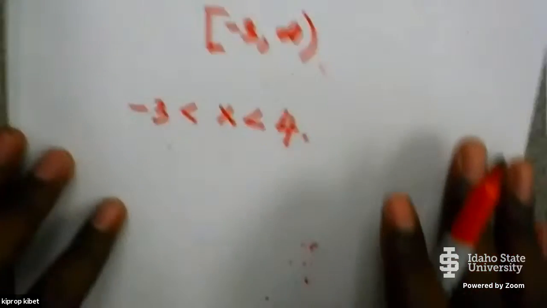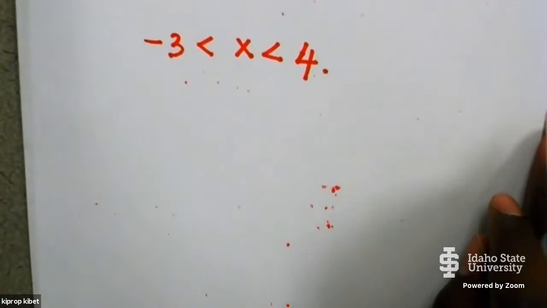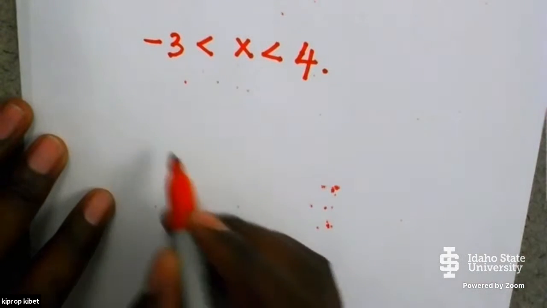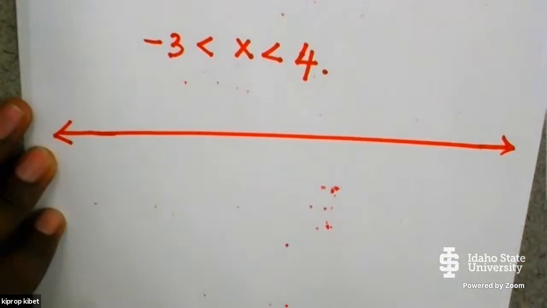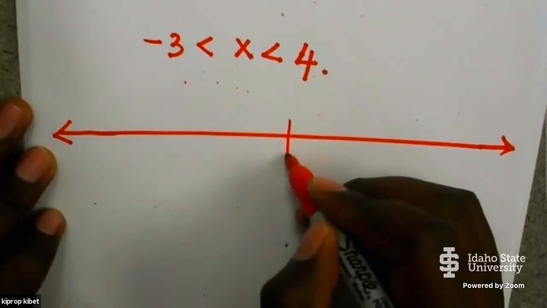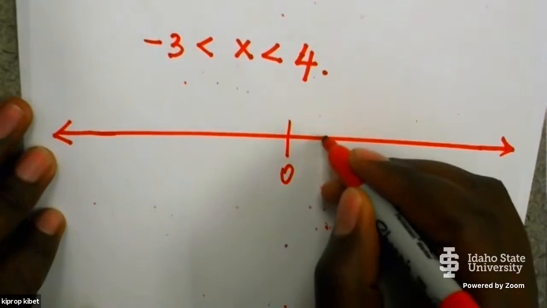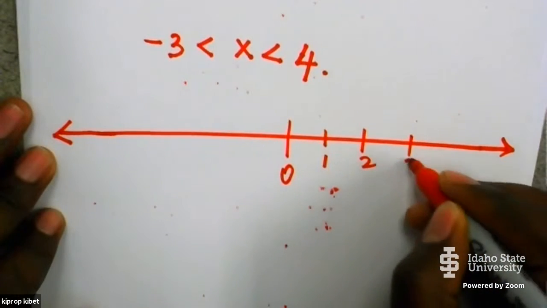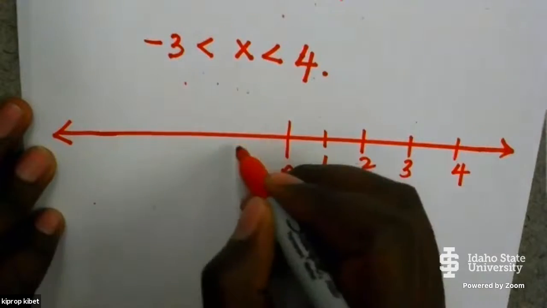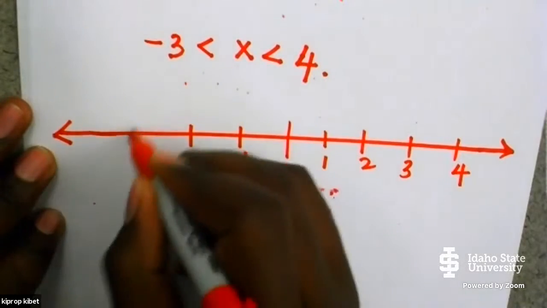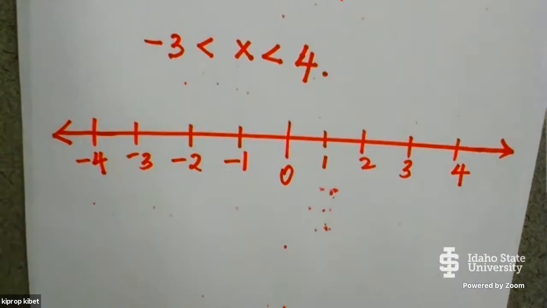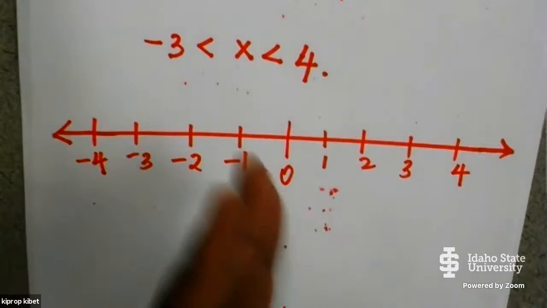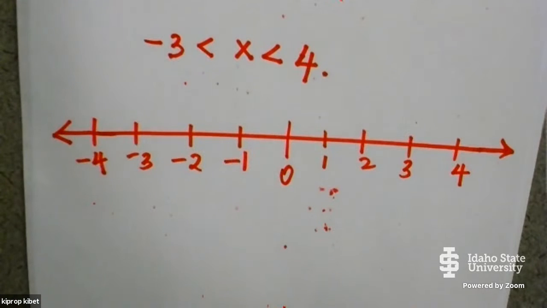Okay, so start by doing what? Start by drawing the number line. So this is 0, 1, 2, 3, 4. Then we have minus 3.